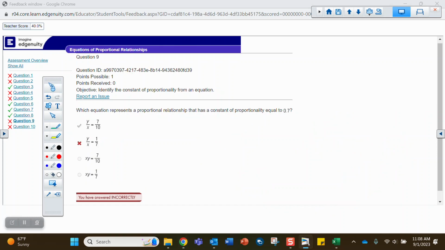Which equation represents a proportional relationship that has a constant of proportionality equal to 0.7? So what you have to do in these equations is solve them for y. You have to get y by itself. Okay, I do that here by multiplying by x, y equals 7/10 x.